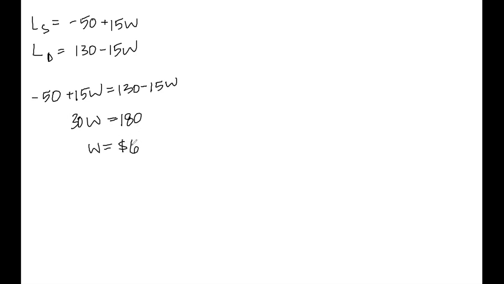So we know that the equilibrium wage in this case is $6, and then since we're in equilibrium, we can plug that back into either equation. And I'm going to use labor demand. So the equilibrium level of labor is equal to 130 minus 15 times 6. So labor equals 40.